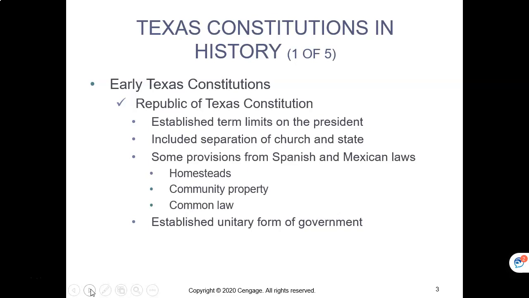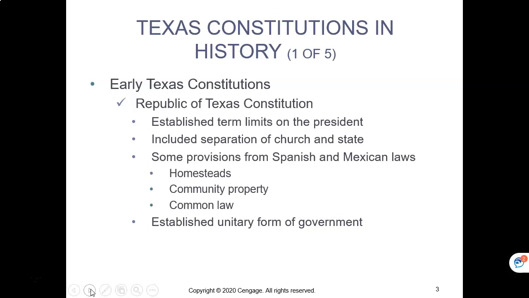It is still called Washington on the Brazos. My uncle is buried there because his wife was from that area. And they sat down and banged out a constitution because they were going to have to become a country. So they had the Republic of Texas Constitution.